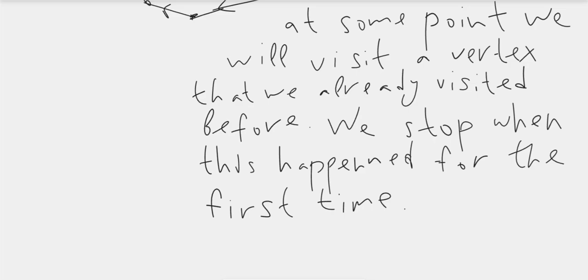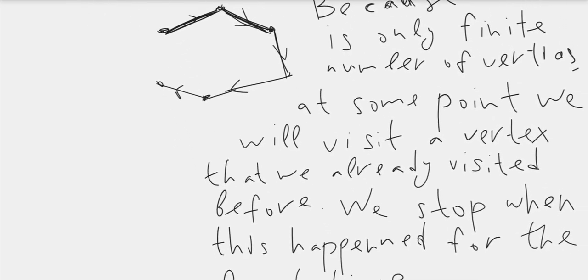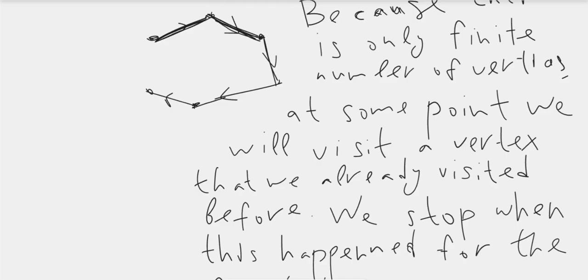So what this means is, let's go back to our picture. We visited a number of vertices, and then for the first time we arrived at a vertex that we already visited before. So we started here, we went here, like this, and now we arrived here at a vertex that we already visited. It doesn't have to be the initial vertex where we started, it can be somewhere in the middle, but this happened for the first time.